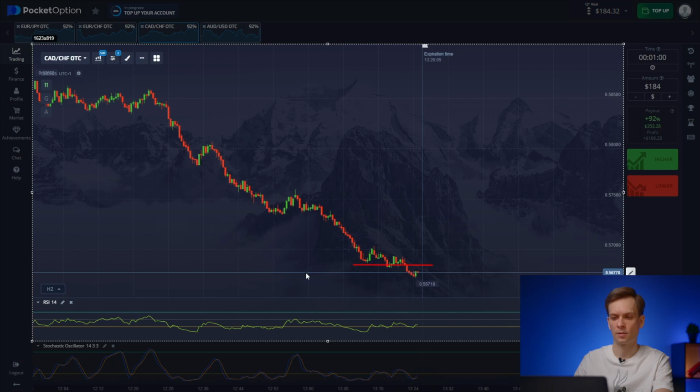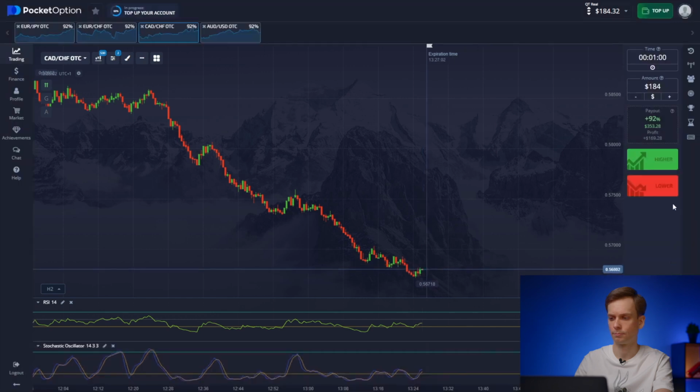Now it's turned into a resistance level. The price reached its peak and then went through a prolonged downtrend. Currently, both indicators are signaling a bearish trend, so it's a downward investment.